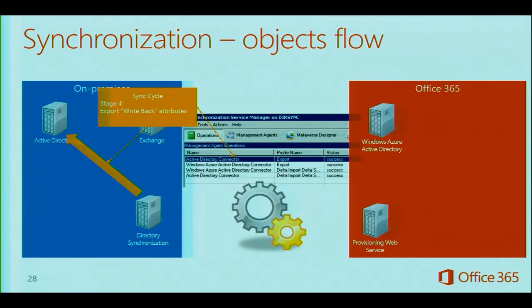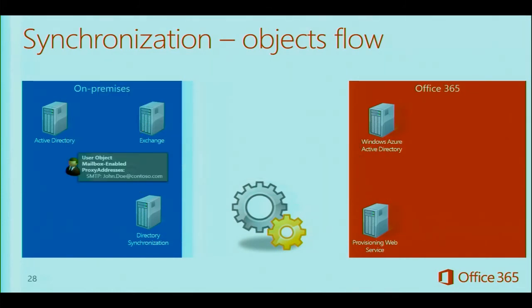So at this point, using one object as an example, this object that you see right there, you have a user object on premises that is mailbox enabled with, in this case, a proxy address of john.doe at contoso.com.